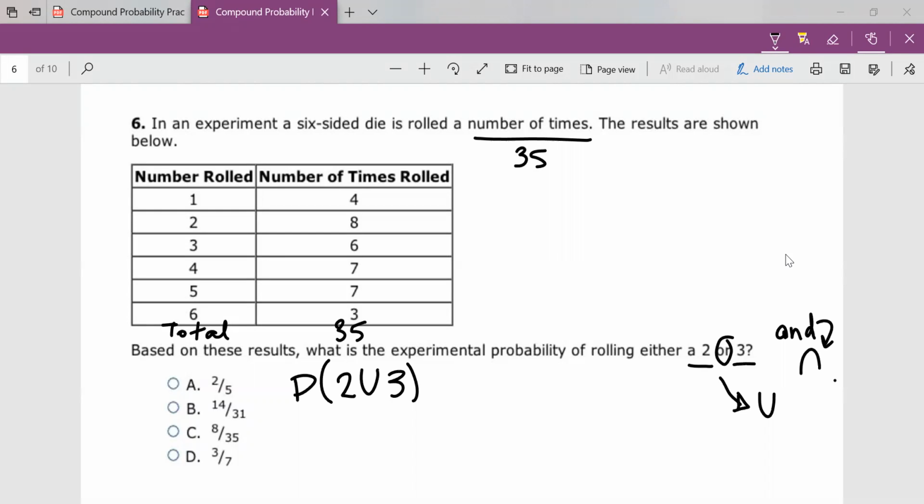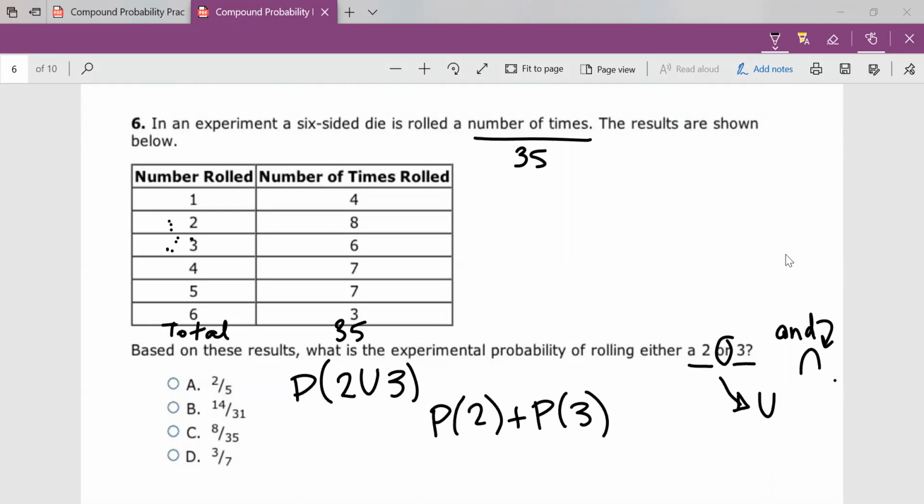Okay, so because the 2 and 3 are different numbers on a die, and you can't roll both of them at the same time, you can only roll a 2, or you will be rolling a 3 or another number. We're going to find the probability of a 2. And we're also going to find the probability of a 3 because this is together.